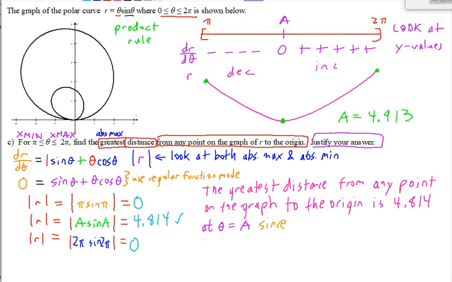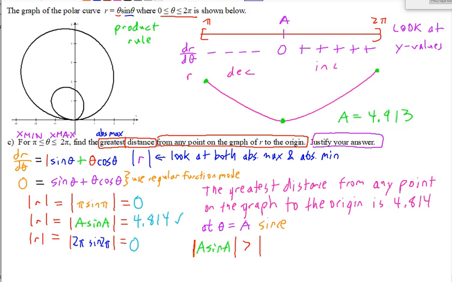And then to justify it, similar to how we justify other absolute mins or maxes, the one that was greatest was this one, right? So you could say since the absolute value of A sine of A was greater than the absolute value of pi sine of pi. Now here they're both 0.